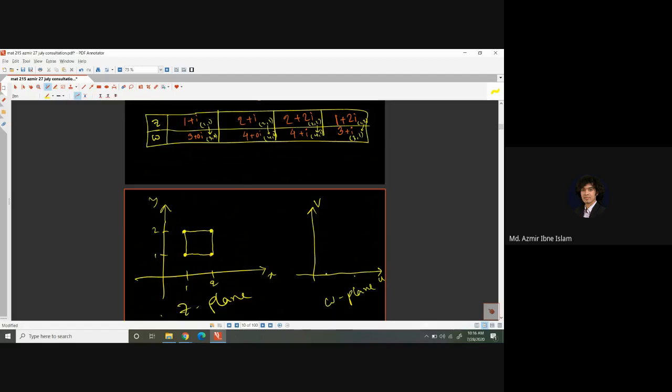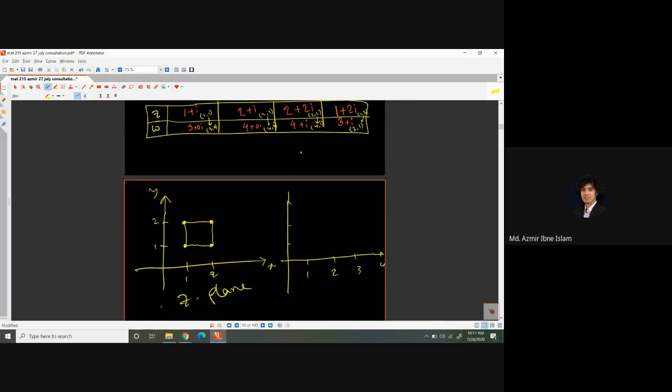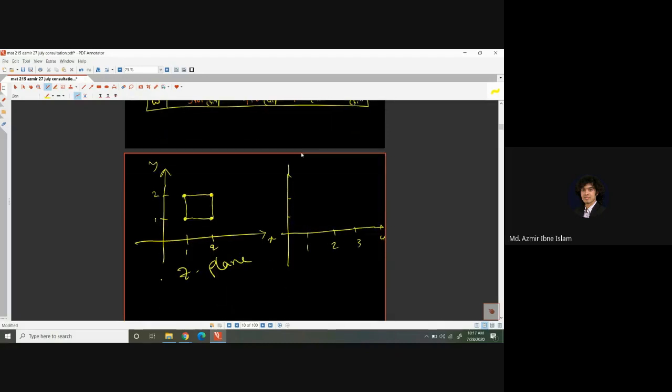So let's draw the axes: this is v and this is u.